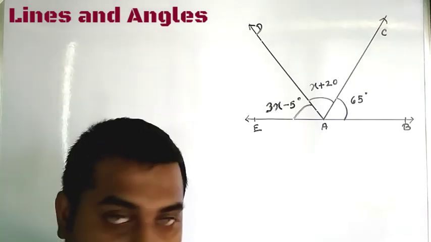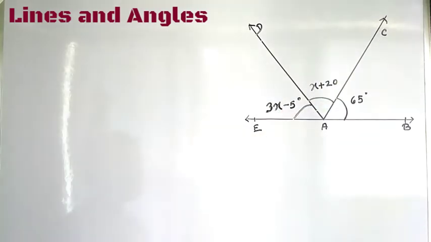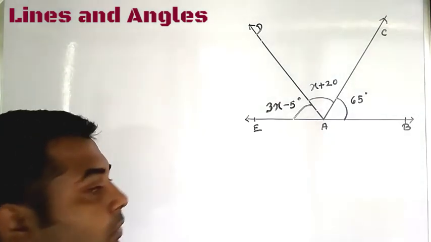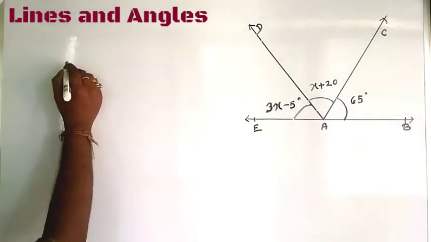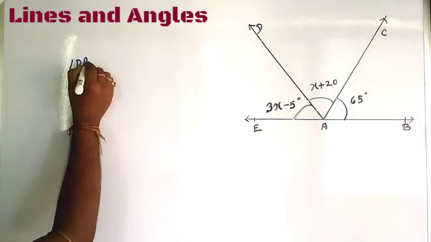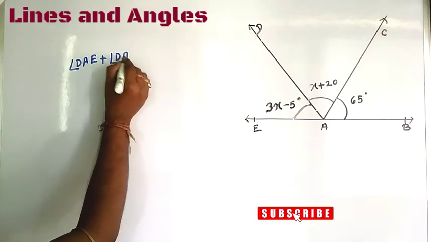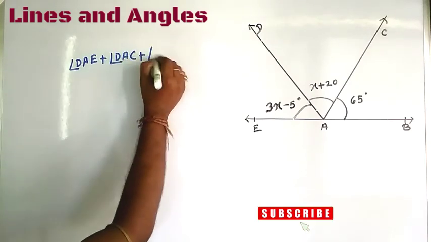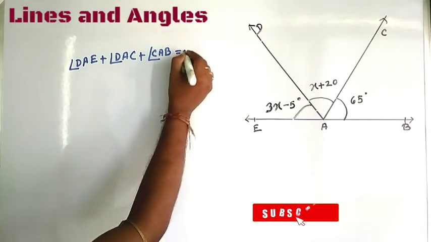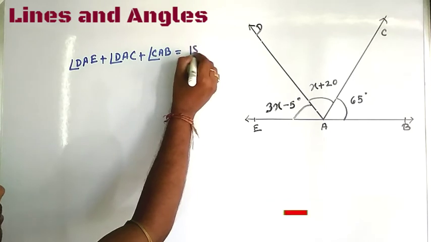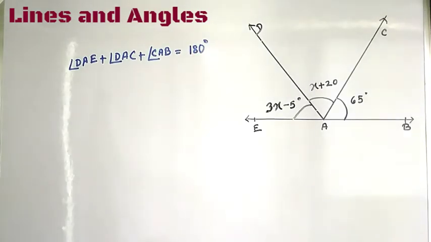On one side of the straight line, the three adjacent angles make 180 degree. So from that property, what can we write now? We can write angle DAE plus angle DAC plus angle CAB equals 180 degree.